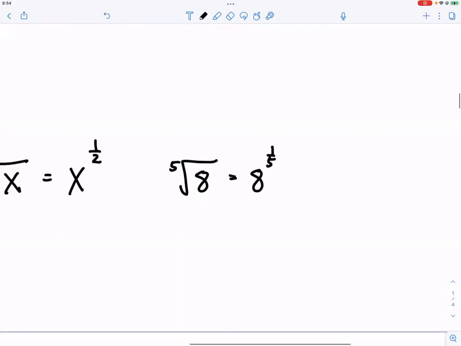Okay. All right. So what if we have the cube root of 2 to the 4th power?